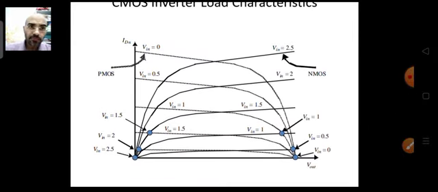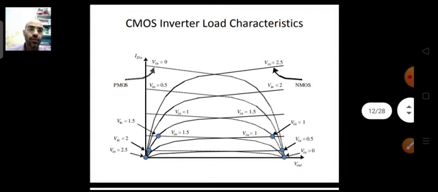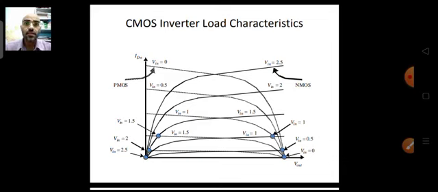From these characteristics you can see how you will get your CMOS VTC. Getting the CMOS VTC will be the next step.